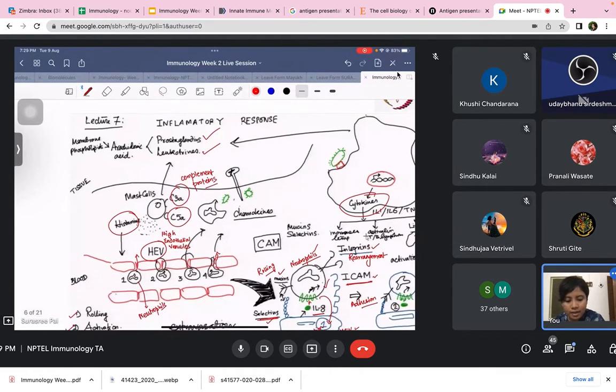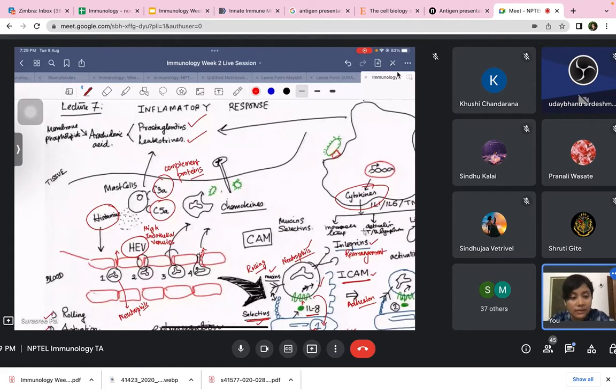What is the function of these inflammatory molecules? They help in the extravasation process, by increasing the vascular permeability. So the permeability of the vasculature increases, because of which more and more neutrophils can come to the site of the infection, right?